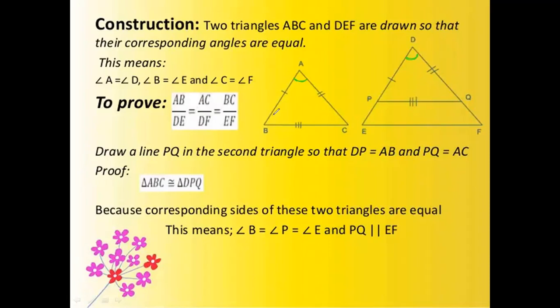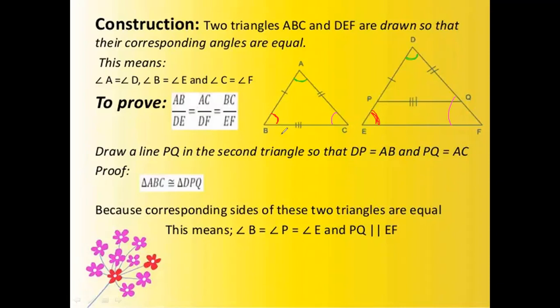Angle B is also corresponding and equal to angle E. And the third angle, angle C, is said to correspond to angle F. So if the corresponding angles are equal, then they are similar triangles.